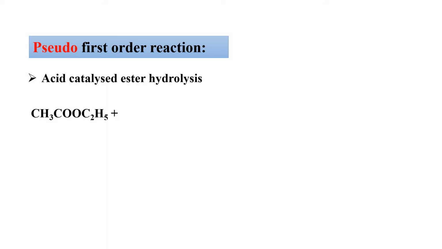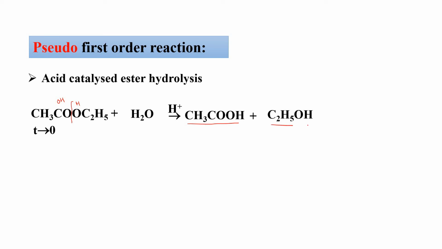We'll take the acid catalysis of the ester hydrolysis reaction. This is the chemical reaction. When the reaction takes place, we get OH and we get hydrogen. So this will convert into CH3COOH, and this will convert into C2H5OH.